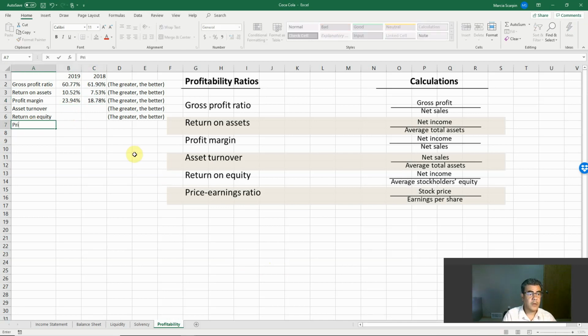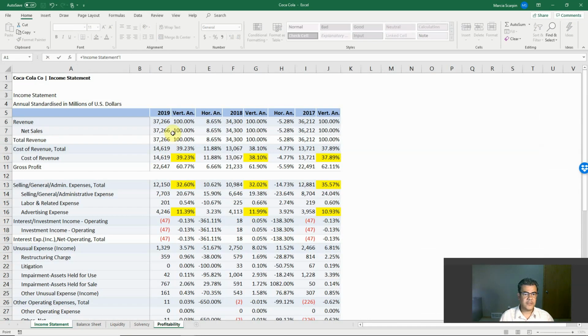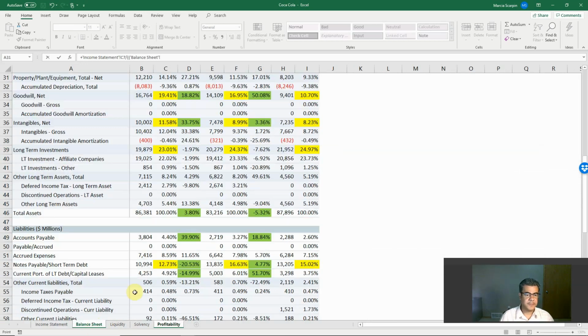We need a price earnings ratio. And asset turnover, net sales divided by average total assets. So looks like the return on assets. Net sales divided by double parentheses here.